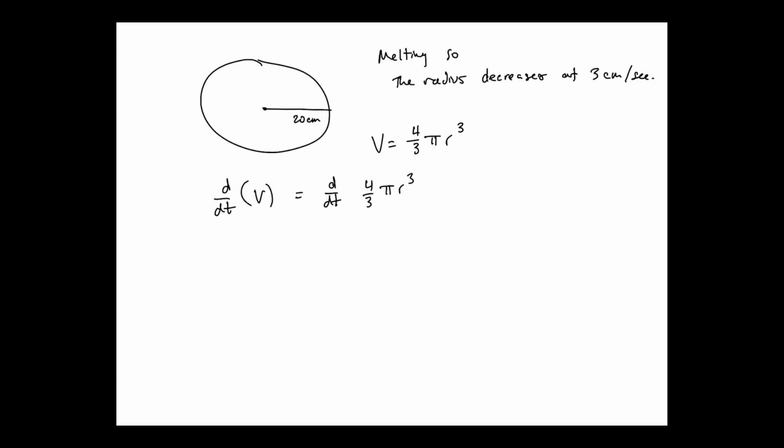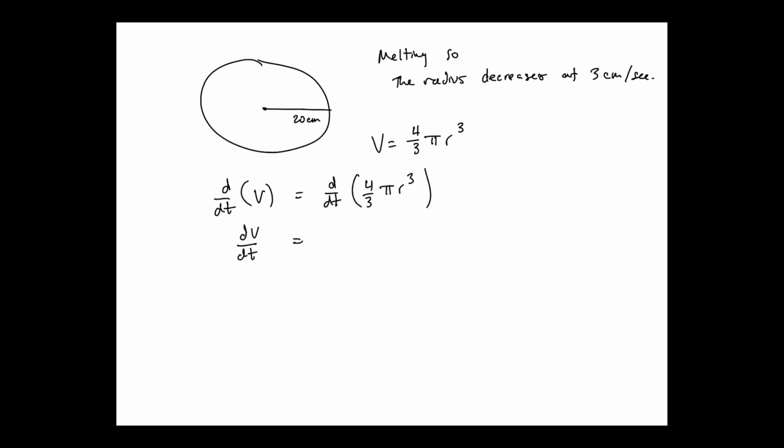Remember, what does the d over dt mean? Or d over dx or d over d whatever? It means take the derivative of that thing. So it's an instruction to do it. So what is the derivative of volume? Let's call it dV dt.